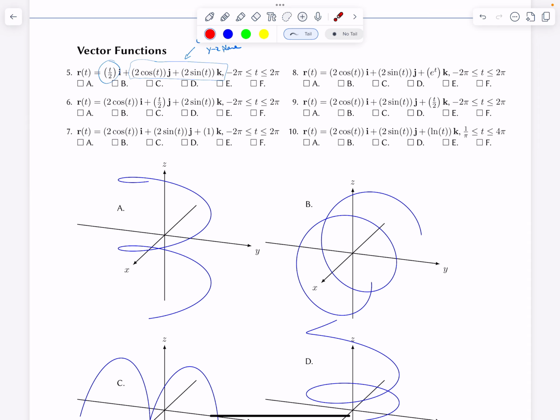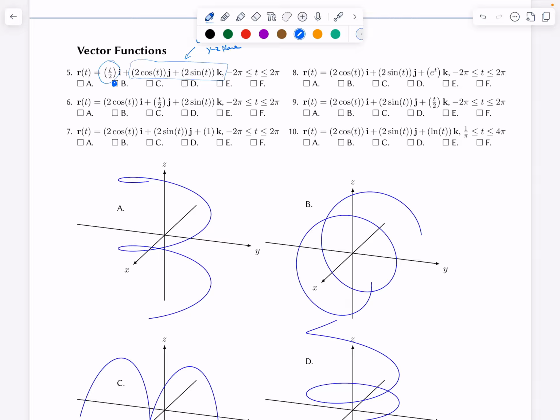Here y is this way, z is this way, and so circles would be moving around this way, but then you're moving along the x-axis, so as you're going around in circles, you're coming out of the screen, out towards you. This is a helix. But anyway, that one is letter B.